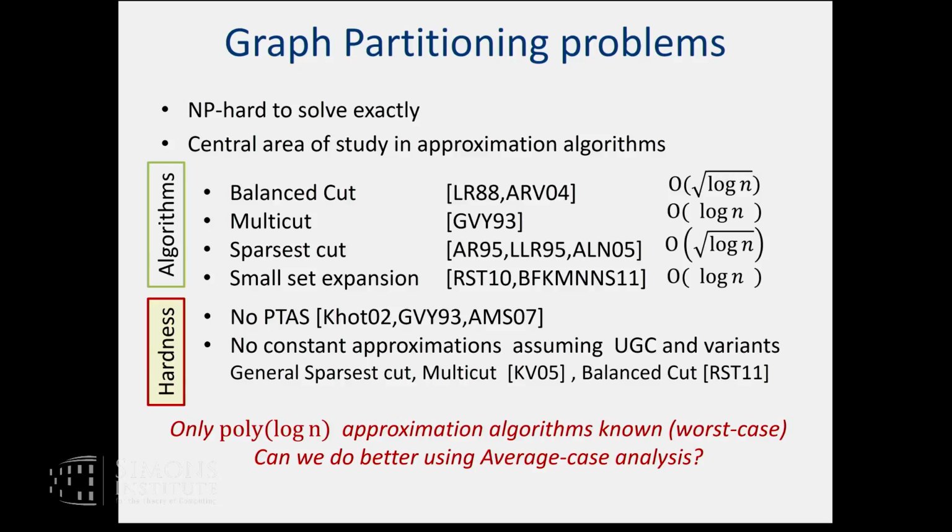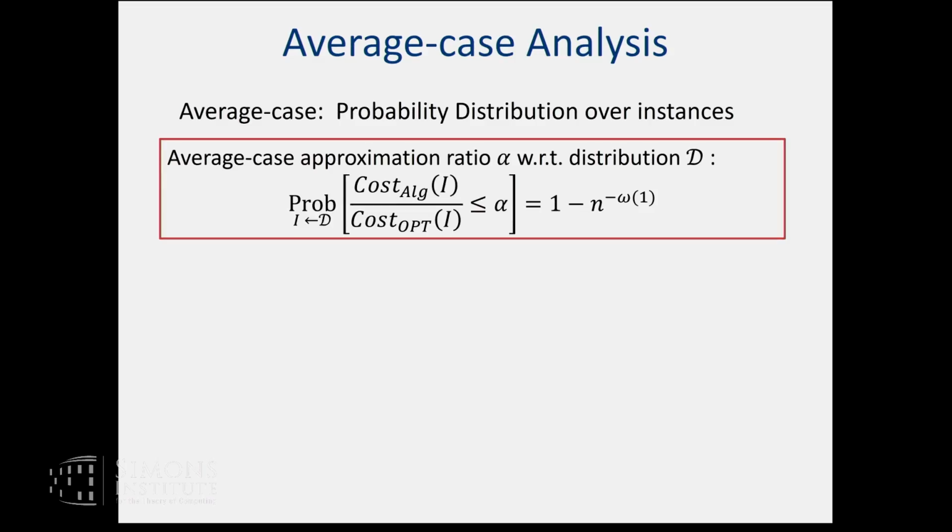And so the obvious question, given this workshop, is can we do better from an average case standpoint? With average case analysis, we need a probability distribution over all instances.